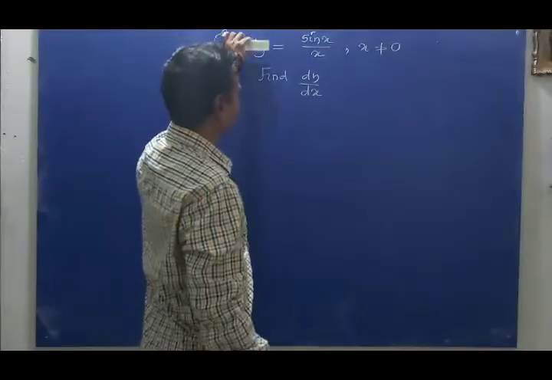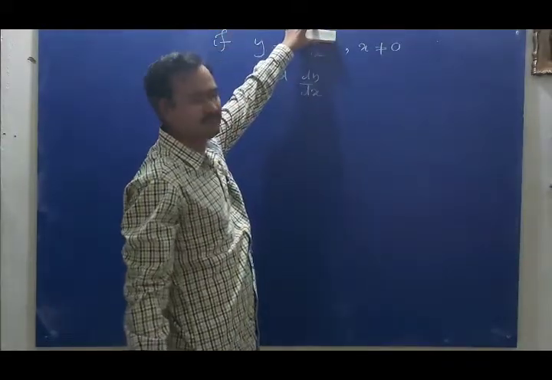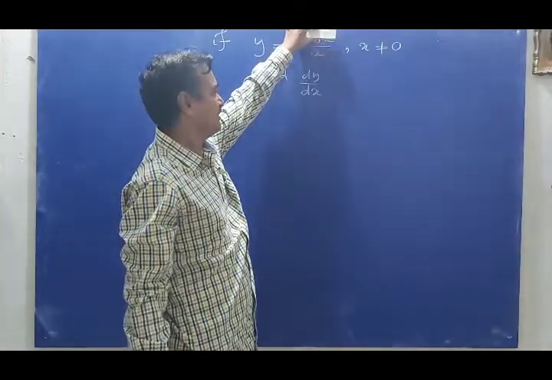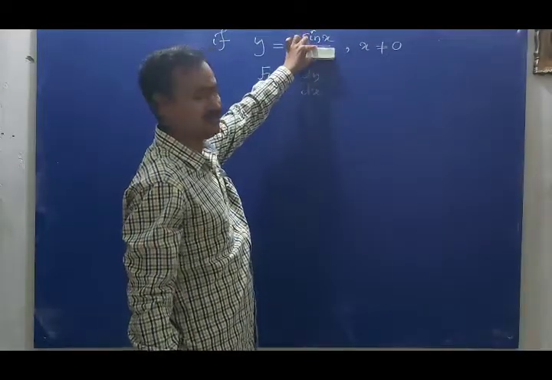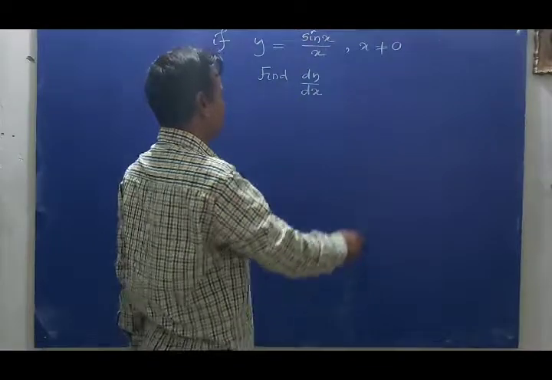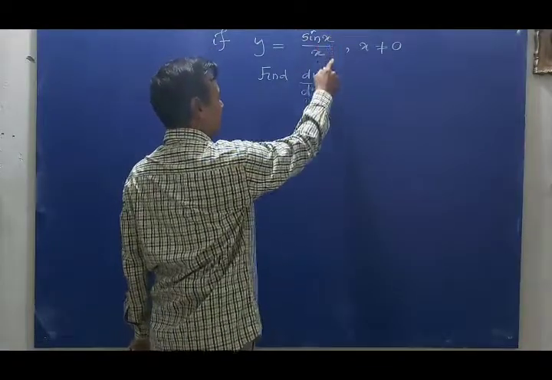So here u is equal to sin x, and v is equal to x, which is the u by v form.